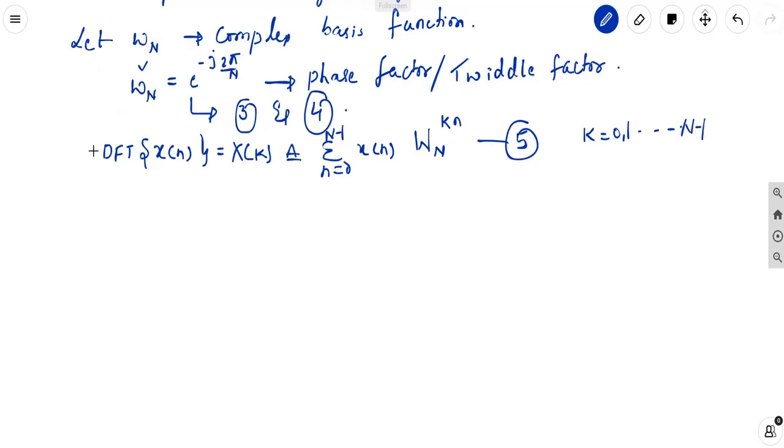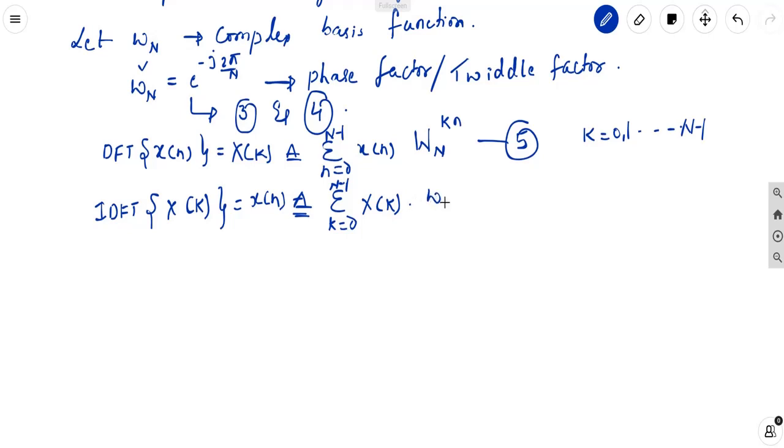Next, the same way I can write the equation of IDFT. If I take the IDFT of X of k, I get x of n. By definition, this is equal to summation k equals 0 to N minus 1, X of k into omega N. You have a minus here in the exponent, but in this equation there is no minus, so this becomes minus kn.